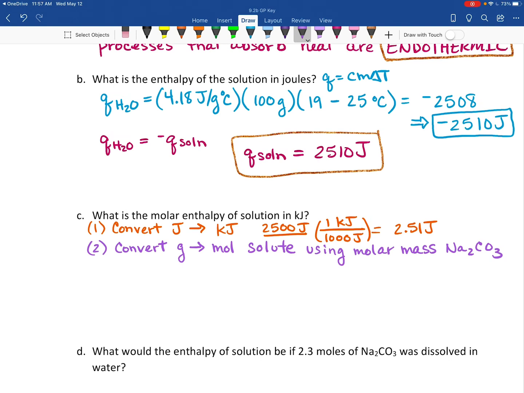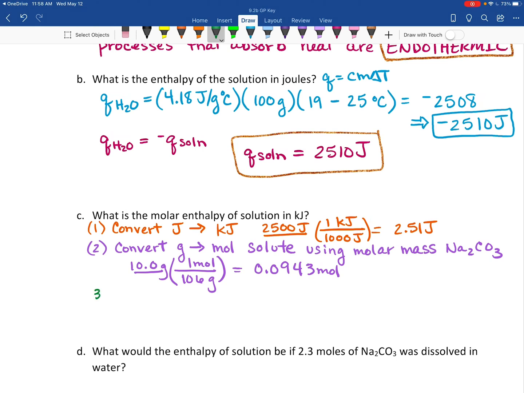We're going to take that 10 grams that we started with. I calculated the molar mass ahead of time, and it was 106 grams per 1 mole. And so we get 0.0943 moles. Now all we need to do is divide the kilojoules by the moles. That's the last step in this.